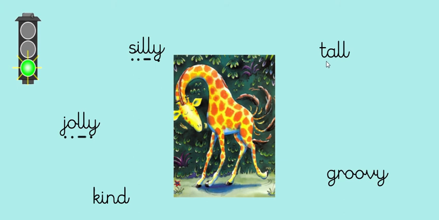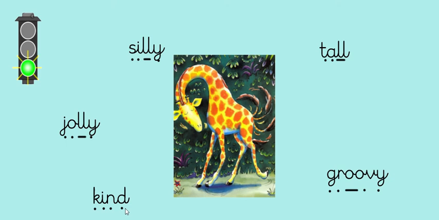T-a-l-l. It looks like t-all, doesn't it? Towel. But actually, in this word, this a makes an or sound. Tall. Groovy, groovy, and kind. No, year twos, you'll remember. This I letter makes an I sound in this word. K-I-N-D, kind. He's a kind giraffe.